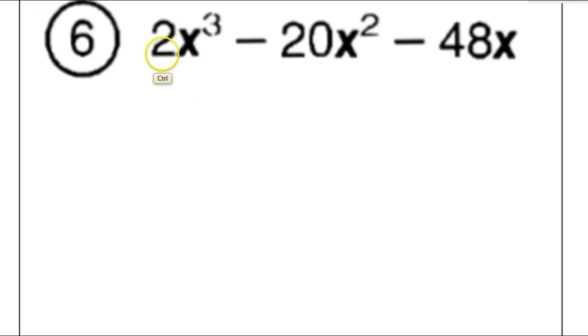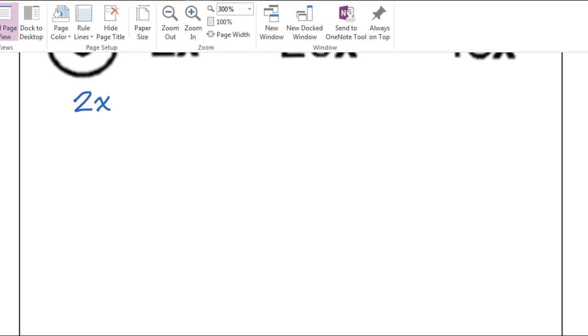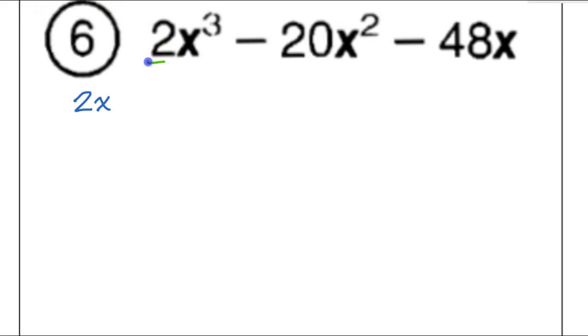All right, for problem number 6, the GCF is going to include numbers and variables. All of these are divisible by 2, so let's go ahead and get that started. All terms have x's. The smallest has 1x, so the GCF is going to be 2x. Then you can go ahead and divide by the GCF.